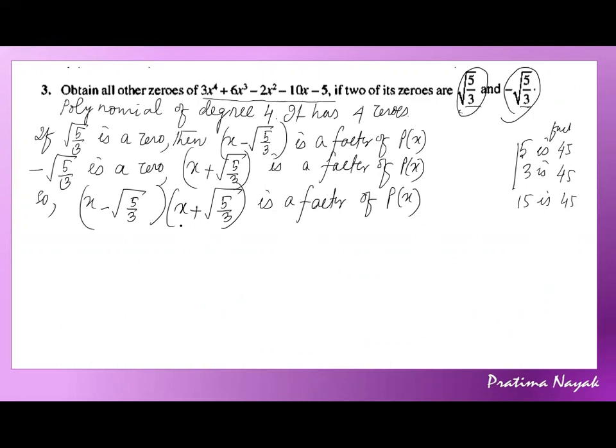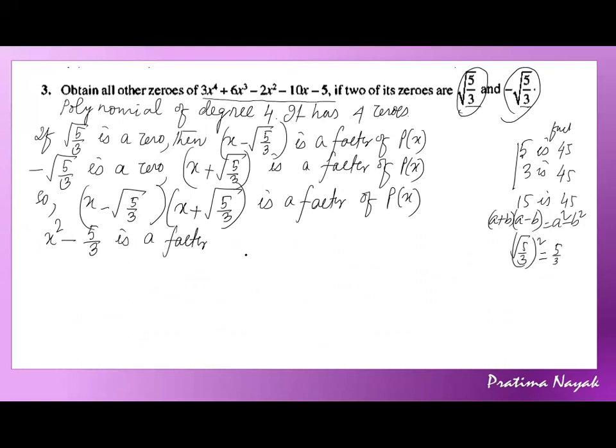Now I am multiplying this using a plus b into a minus b, you know it is a special identity, a square minus b square. So x square is x square and minus this will be 5 by 3. The root will be abolished because root 5 by 3 squared will be just 5 by 3. This is a factor.